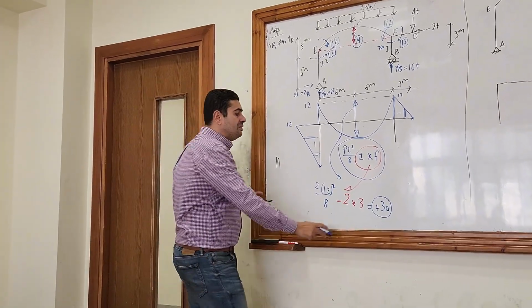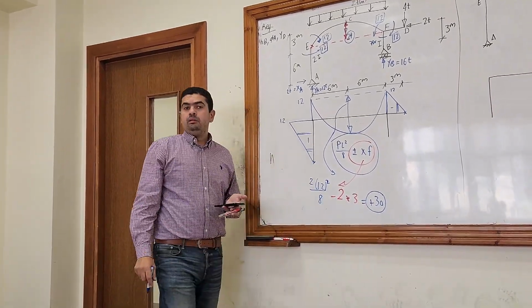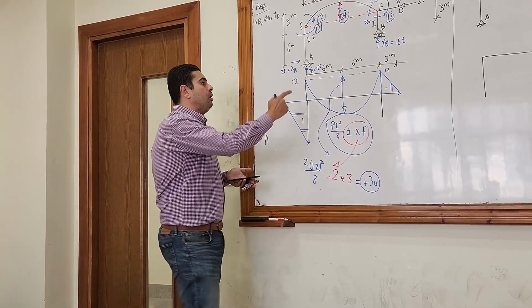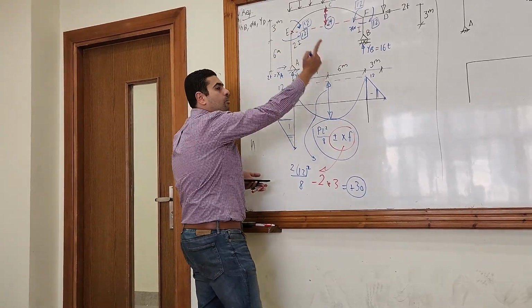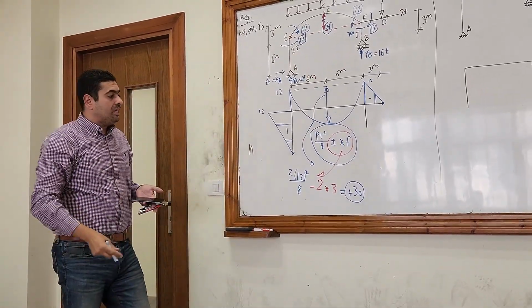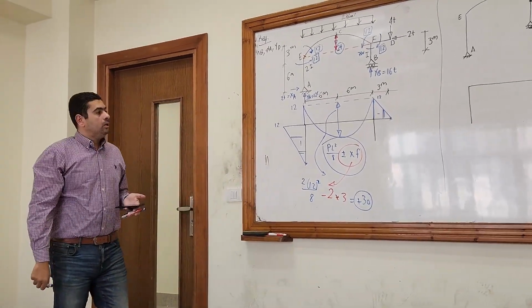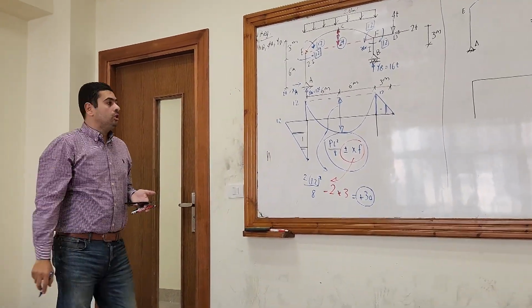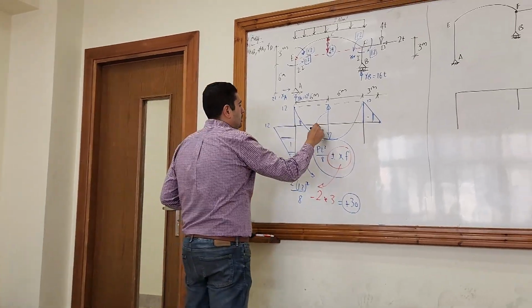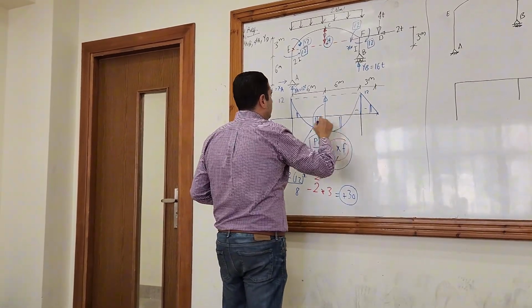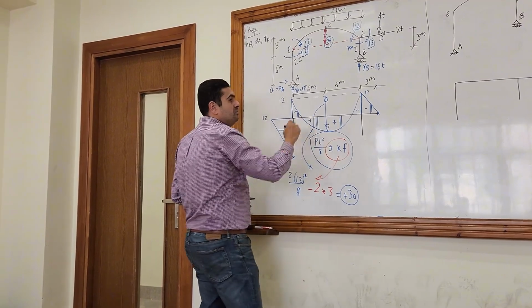When this is negative, that means that the parabola will be upwards. So take care from the sign here. Okay, so this is a note. Here is a negative moment and here is the positive.